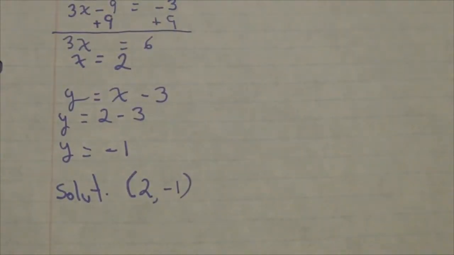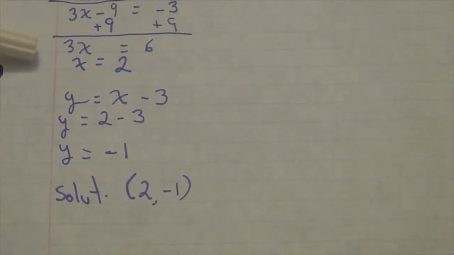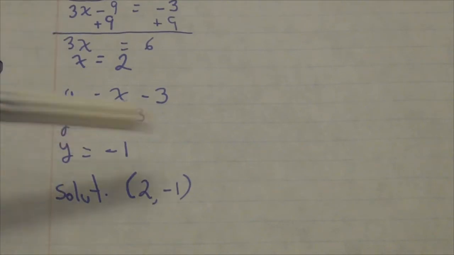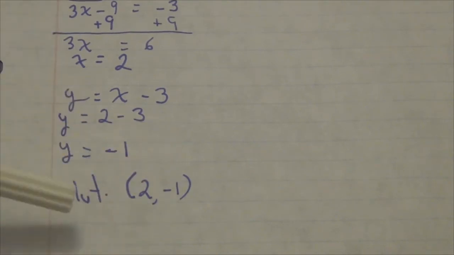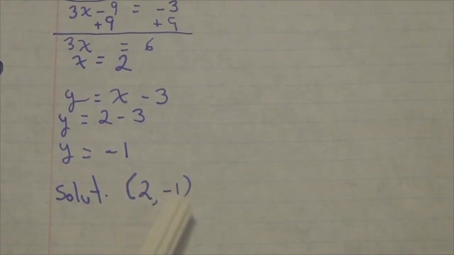Now please, I gotta tell you something that has tricked millions of students. If on the Regents they give you the problem like that and they tell you, okay, which of the following choices is the correct response, and they show you 2, negative 1, then good. But if they show you negative 1 comma 2, those are not the values.